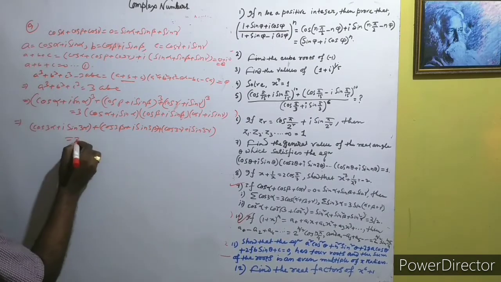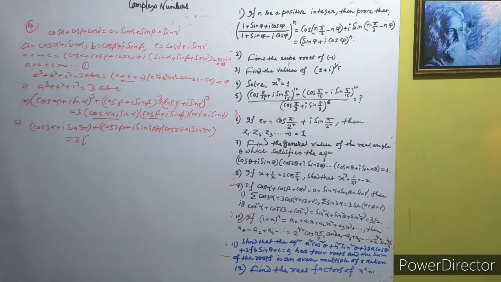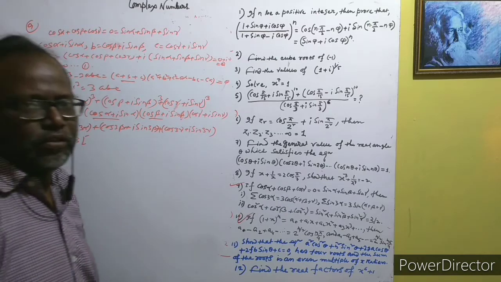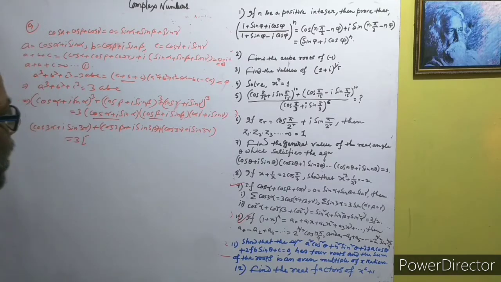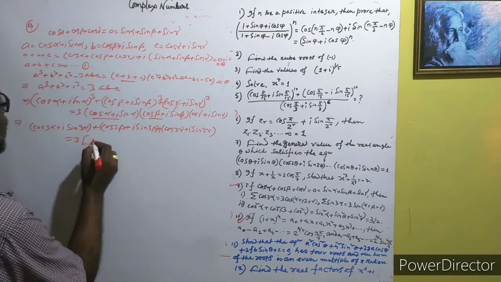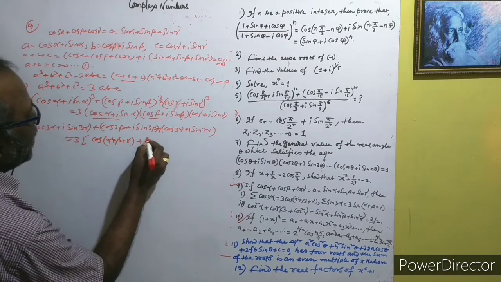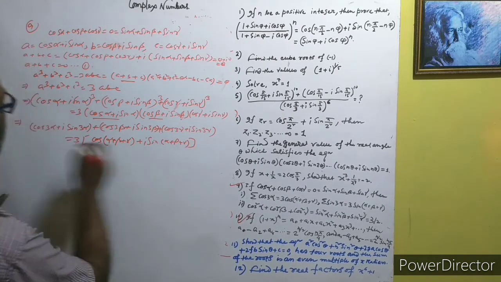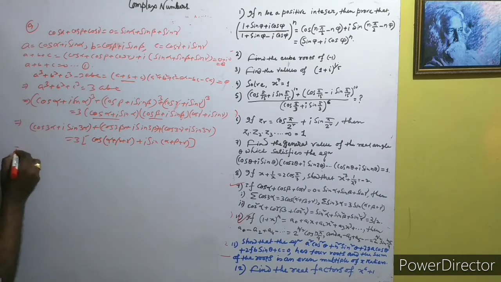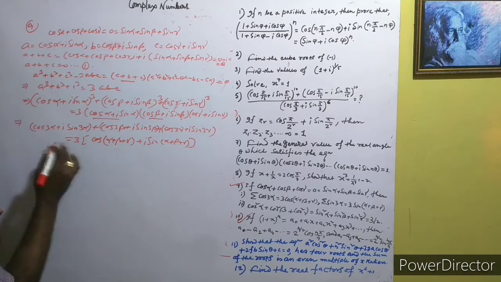And that is equal to 3 times, if we multiply the first two factors, cos of alpha plus beta plus i sin of alpha plus beta. If we again multiply by cos gamma plus i sin gamma, we get the angles added: cos of alpha plus beta plus gamma plus i sin of alpha plus beta plus gamma. So compare the real and imaginary parts on both sides.